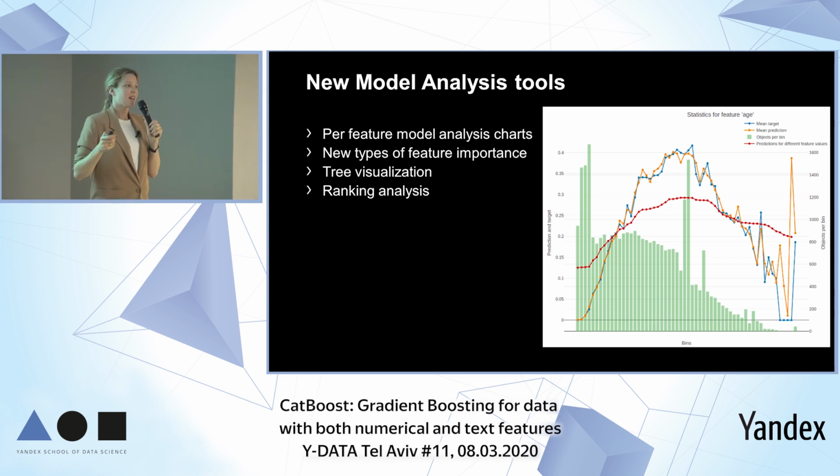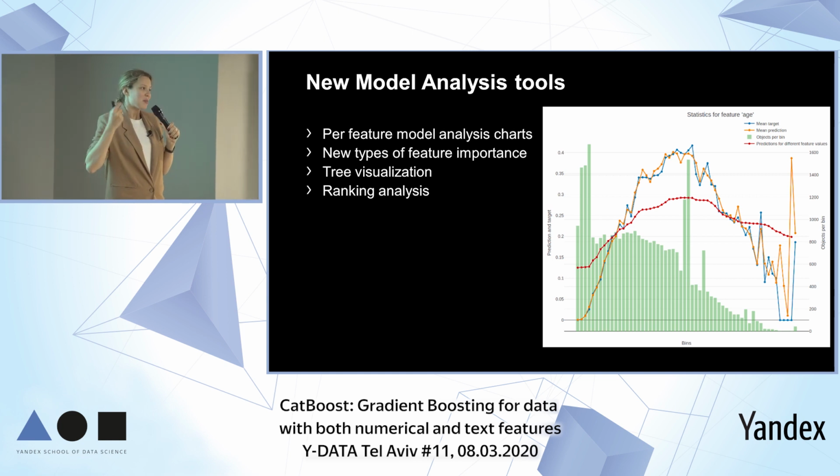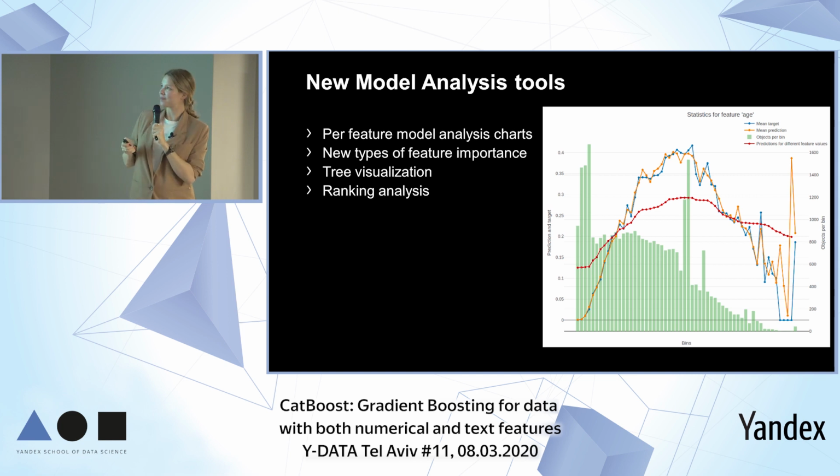We have also implemented new types of feature importances. It is possible now to visualize the trees, to plot the trees that you are producing. And we have a new mode for ranking analysis if you are doing ranking and you want to understand why you have this particular order in your ranking.